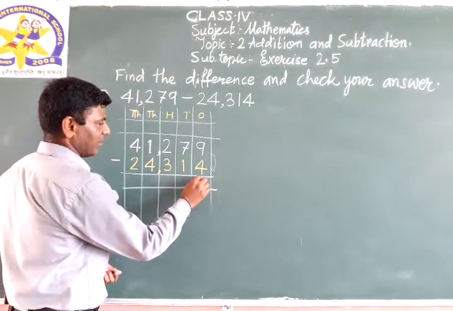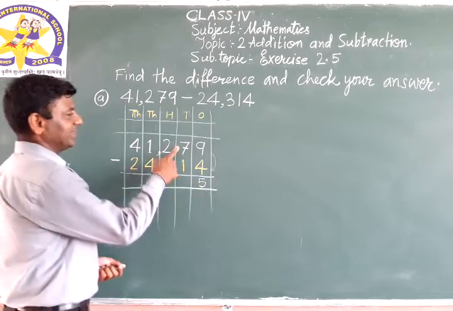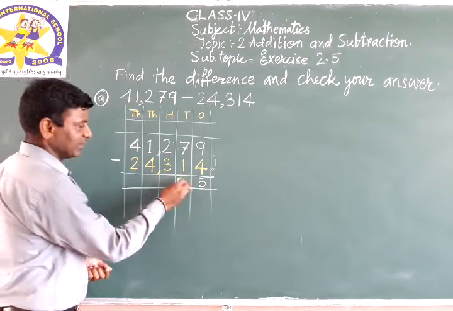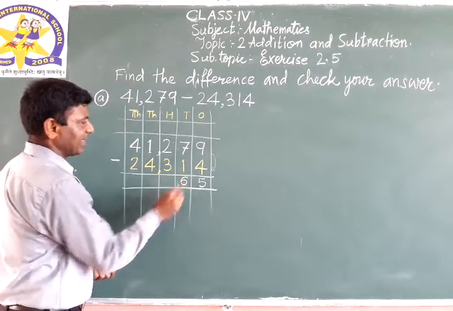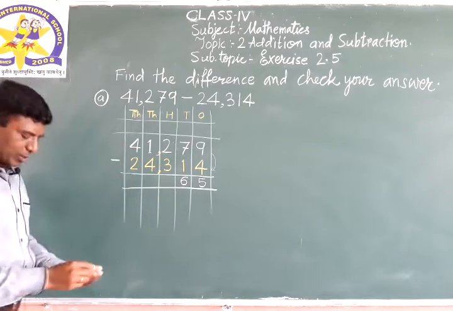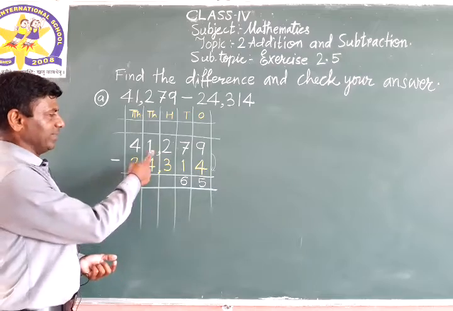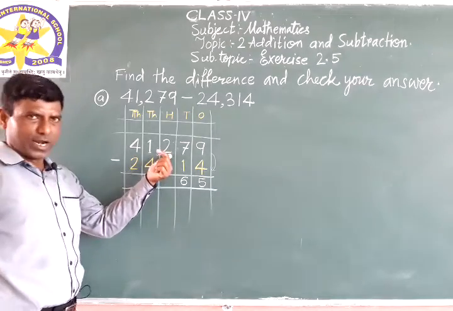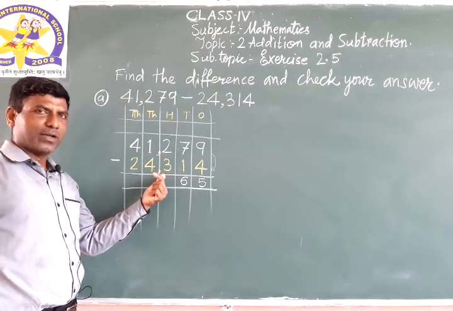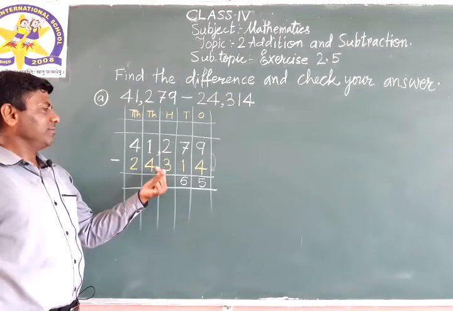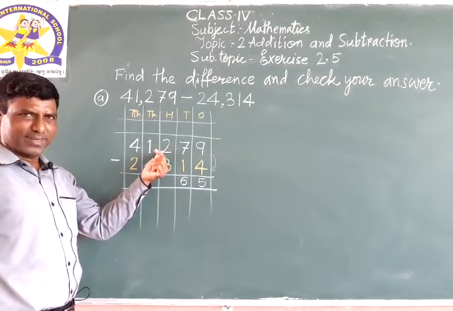9 minus 4, possible? Yes. 9 minus 4, 5. 7 minus 1, 6. 2 minus 1, possible? Is it possible? No, because 2 is the smaller number, 3 is the bigger number. We can't subtract a bigger number from a smaller number.